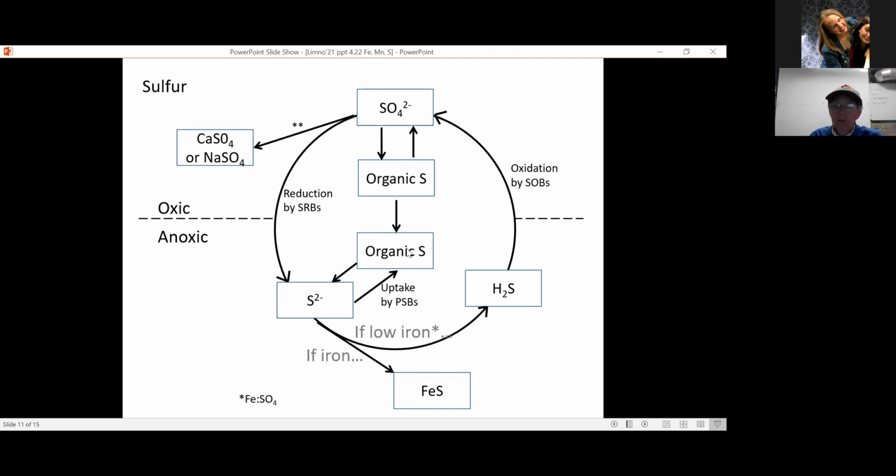If you've got organic sulfur down here in a reducing environment and it decomposes, it's not going to be aerobic decomposition, it's going to be anaerobic decomposition, and it's going to release reduced sulfur. So that's what this line represents.